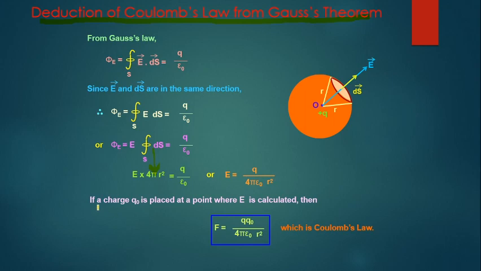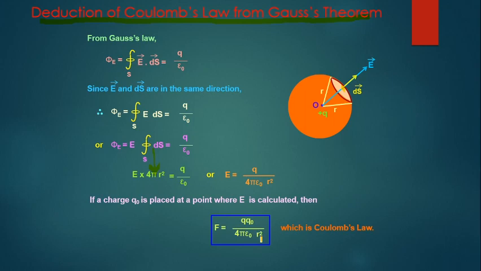If charge q is placed at a point where the electric field is to be calculated, suppose the point charge q naught is placed at this point A where the electric field is calculated, then according to Coulomb's law, F is equal to 1 divided by 4 pi epsilon naught, q q naught divided by r square.